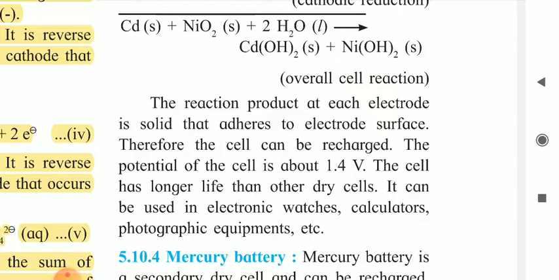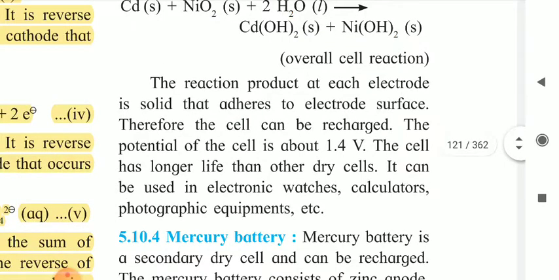Students, this is the very important conclusion of this cell: the reaction product at each electrode is solid that adheres to the electrode surface. What does it mean? It means after discharge this will happen, and after recharge this layer will automatically be reduced.